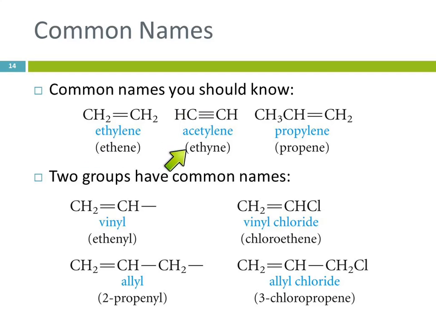This is ethyne with a triple bond, and that's called acetylene. I think that's a very unfortunate name, but that's what its name is. So acetylene. So if we use acetylene, you need to know that that is actually ethyne.